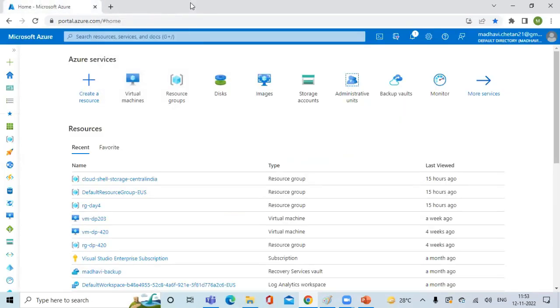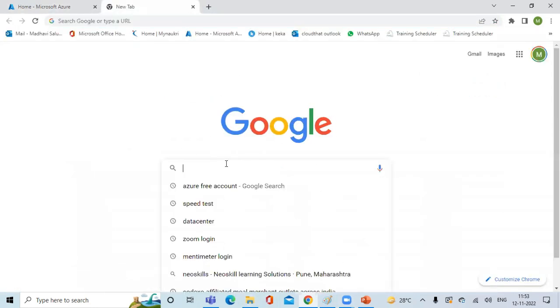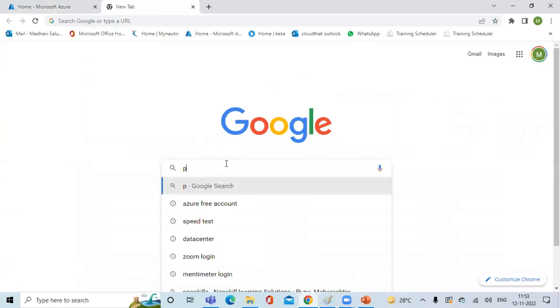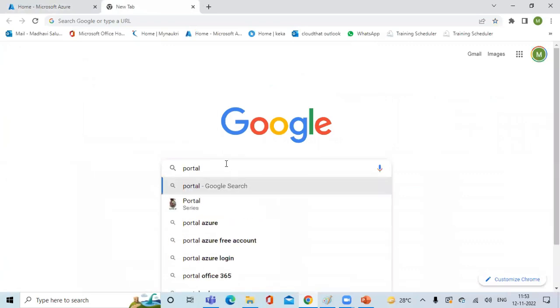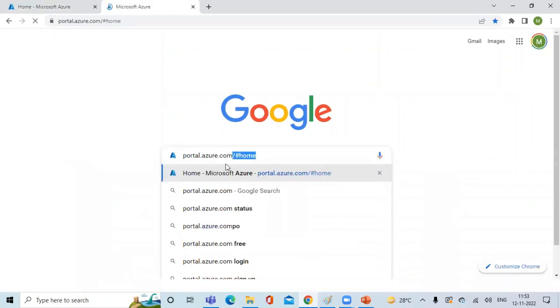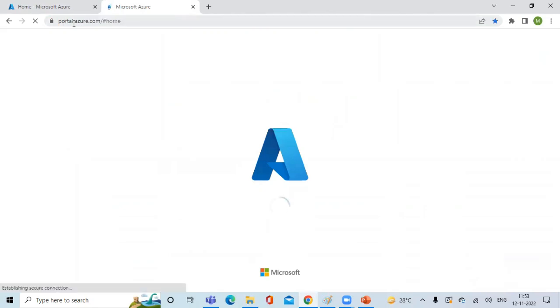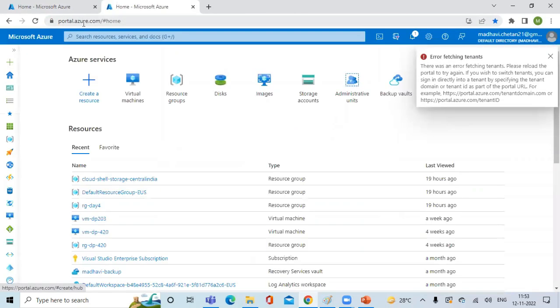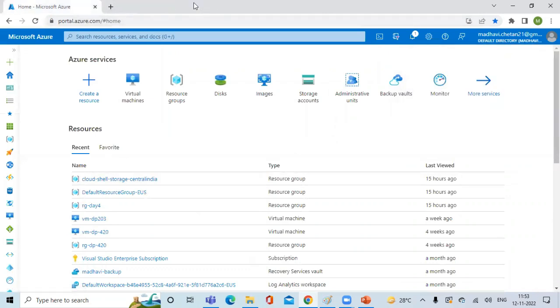Once you enable your subscription and go through all the details, it will directly redirect you to this portal. Otherwise, you can simply search for portal.azure.com. Remember that from here onwards, you will be using this portal. It should be portal.azure.com. Got it? So you can just close this window.